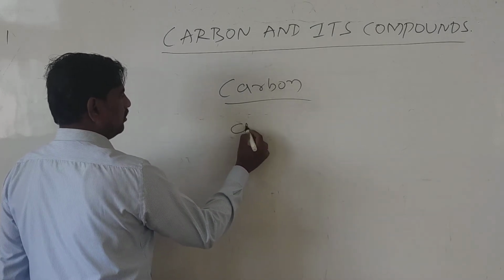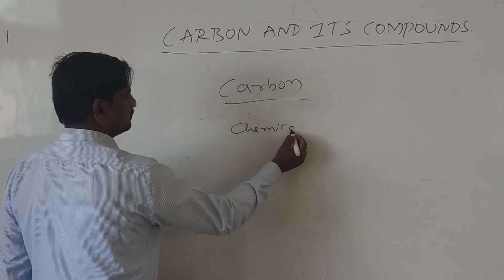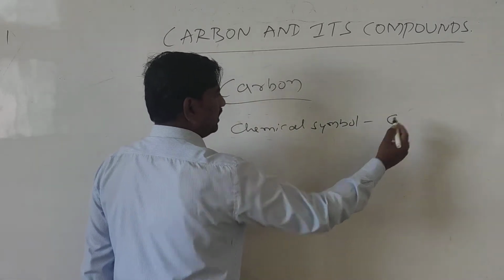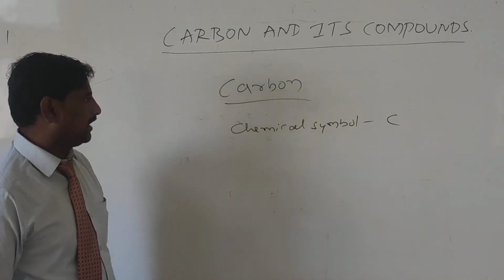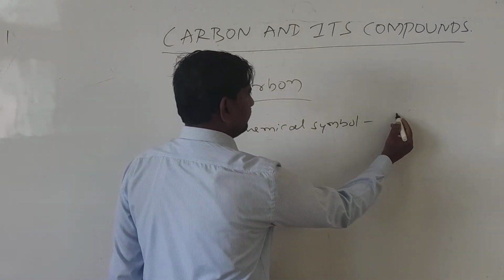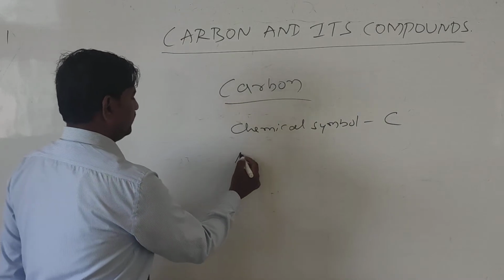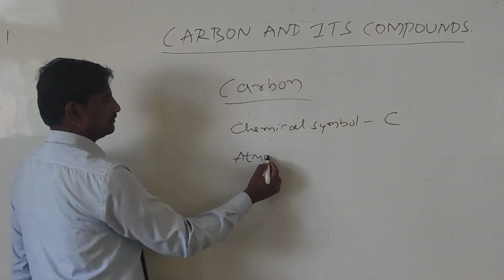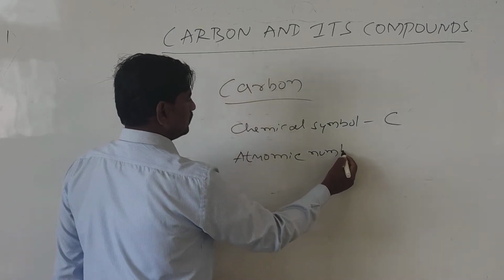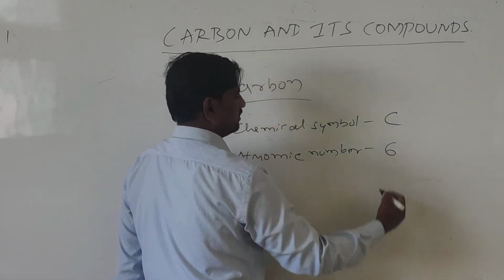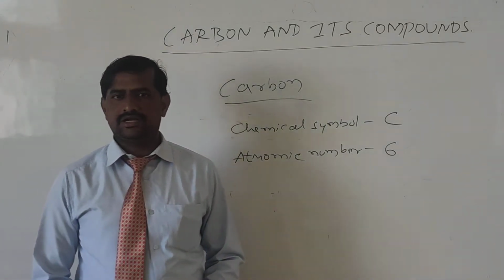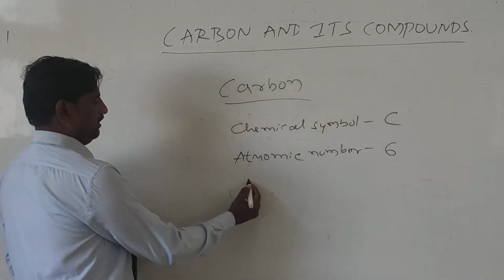The chemical symbol of carbon is capital letter C, that is a capital C, and the atomic number is 6. The carbon atomic number is 6. And carbon usually is a non-metal.